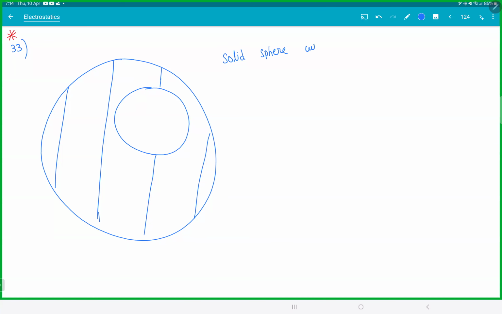This is a solid sphere with a cavity. Rho is the volume charge density. O is the center. O dash is the center of the cavity.